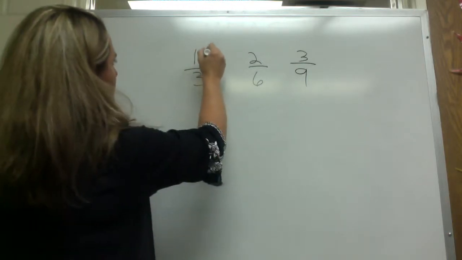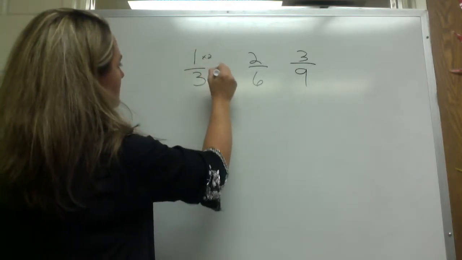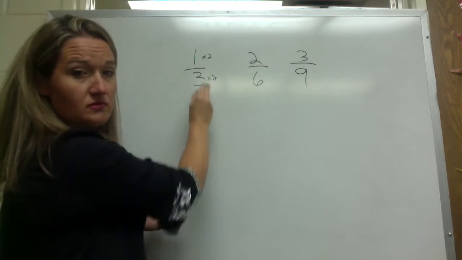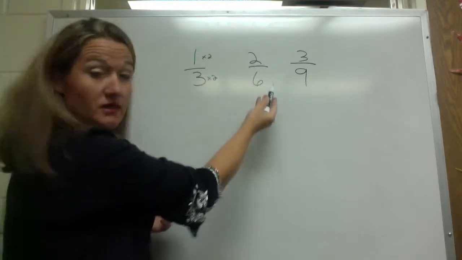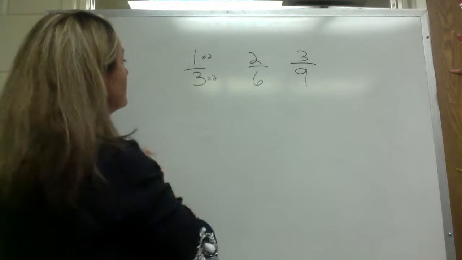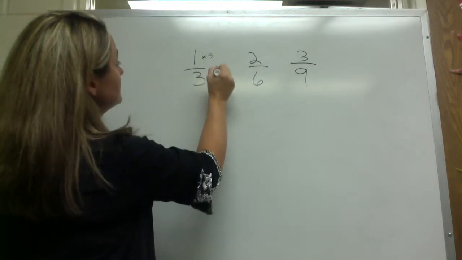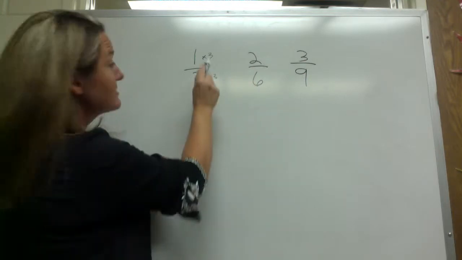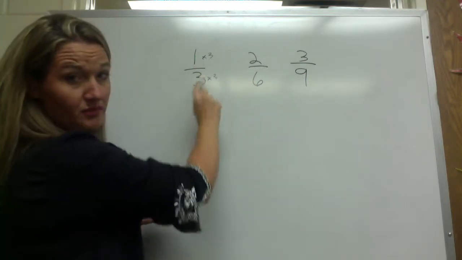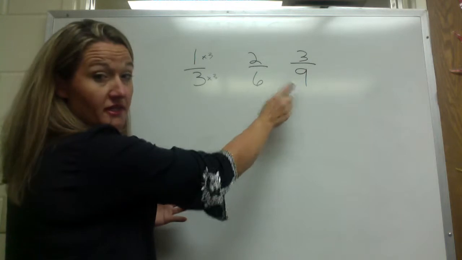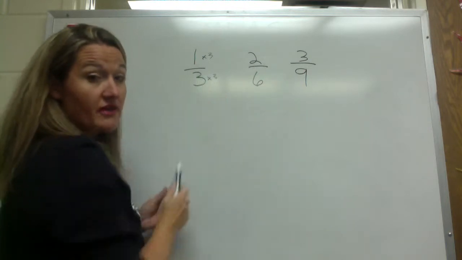As long as I'm multiplying the top and the bottom by the same number, I'm going to get an equivalent fraction. So 3/9. As long as the top and the bottom are being multiplied by the same number, the fraction I get will be equivalent to that fraction.